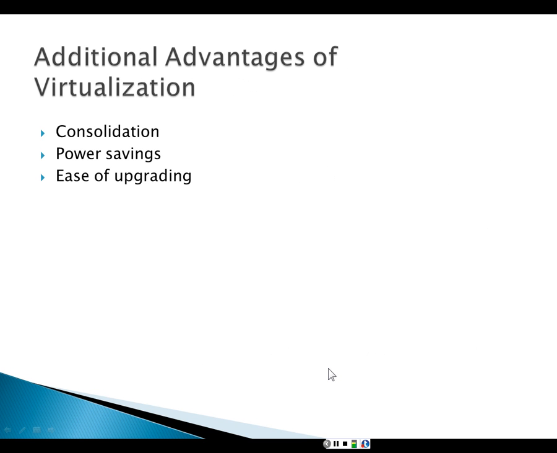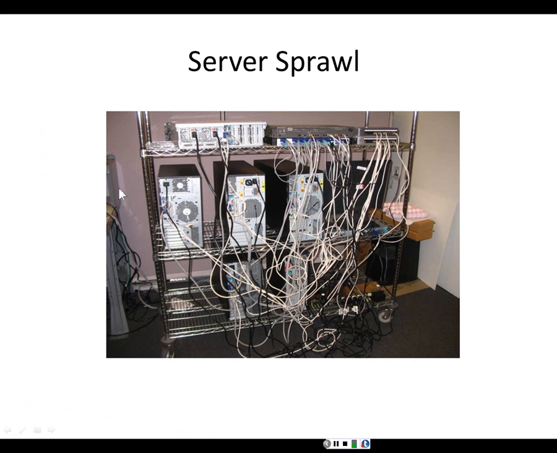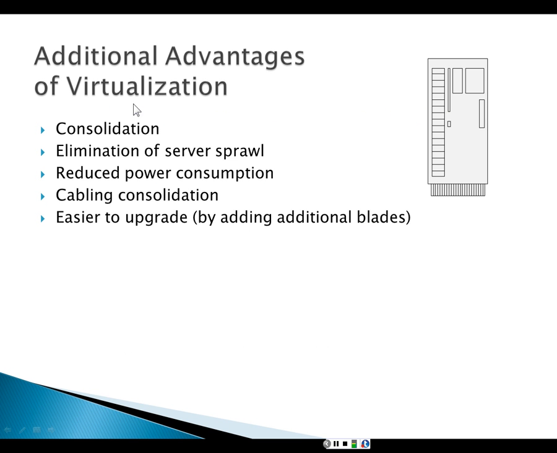Additional advantages of virtualization include consolidation, power savings, and ease of upgrading. This is what our old data center looked like. And every time we added another server, we added more cables, and it was a real mess. But the advantage of virtualization is that you install all of our operating systems on one big ESXi host.